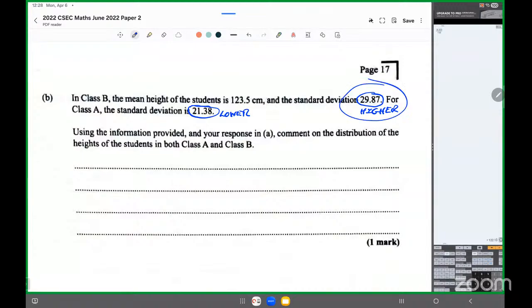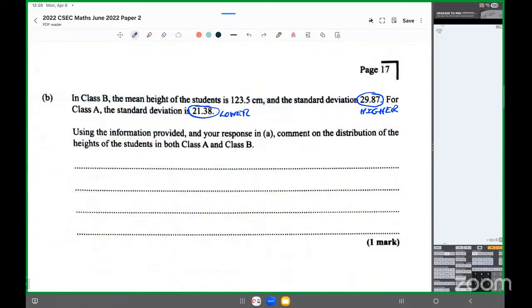So the higher the standard deviation is, the more spread you have. The spread is more wide from the mean. Right? So that's all they're looking for. Which one is bigger, which one is smaller? The bigger the standard deviation is, the wider the spread. The lower the standard deviation is, the closer the spread from the mean.